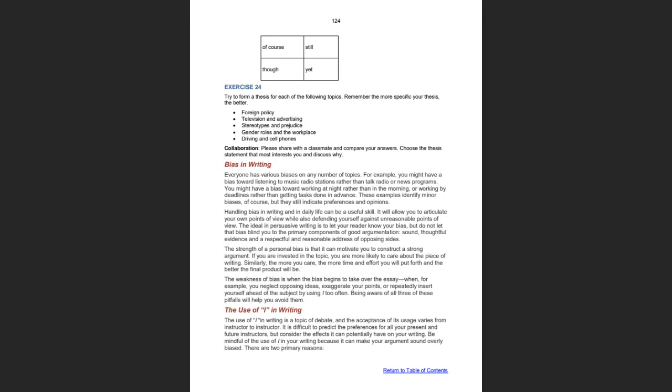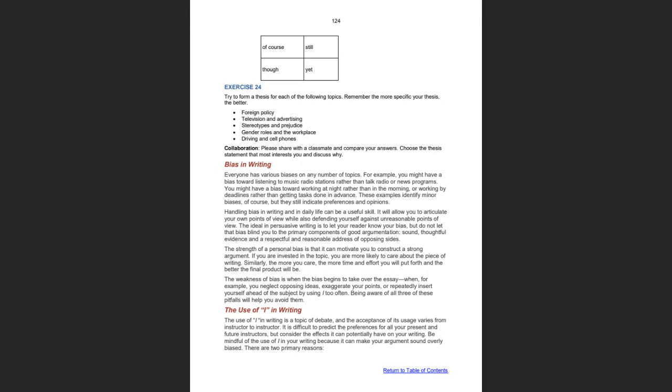The ideal in persuasive writing is to let your reader know your bias, but do not let that bias blind you to the primary components of good argumentation: sound, thoughtful evidence, and a reasonable address of opposing sides. You do, like I said, want to weigh the opposing sides in your body paragraphs where you can. The strength of a personal bias is that it can motivate you to construct a strong argument.